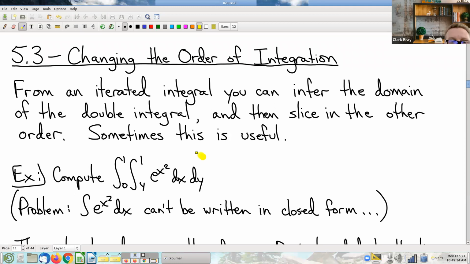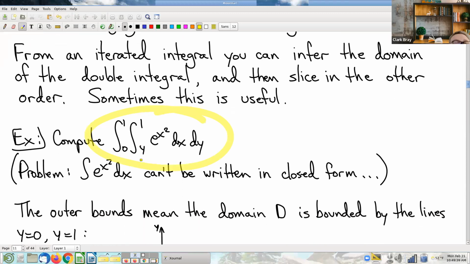Sometimes you're given an iterated integral that you wrote down, perhaps in good faith, seems like the reasonable way to do it, or maybe somebody came to you with a pre-iterated integral, right? It's actually better to switch the differentials. So that happens sometimes. And this is actually a really good example, because if you look at this inside integral here, you're out of luck.